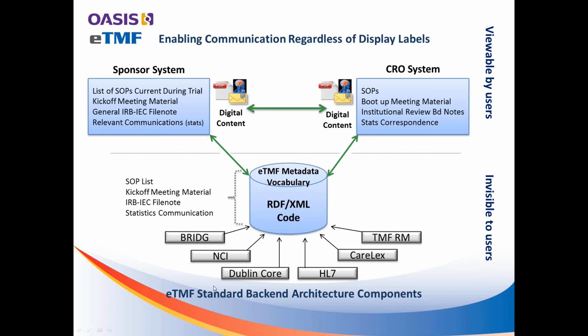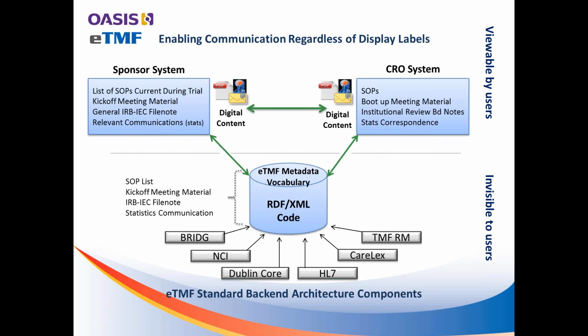What we're talking about with this specification is developing the back-end architecture that vendors will incorporate that enables a kind of translation to occur between systems, eTMF systems. So we've drawn on a whole variety of terminologies that get integrated into RDF XML code, which is the machine code that allows the systems to speak.